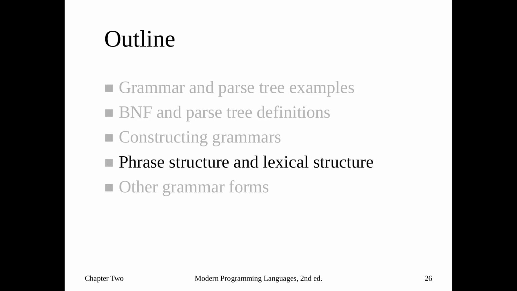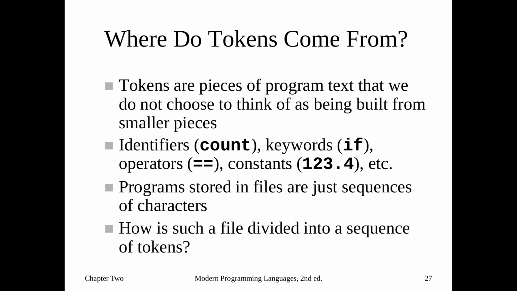So this gets us to the difference between phrase structure and lexical structure. The question becomes, where do these tokens that we actually have come from? Tokens are essentially pieces of program text that we choose to think of as not built up of smaller pieces. That includes identifiers, like variable names, class names, all types of names, and keywords, the basic keywords of the programming language.